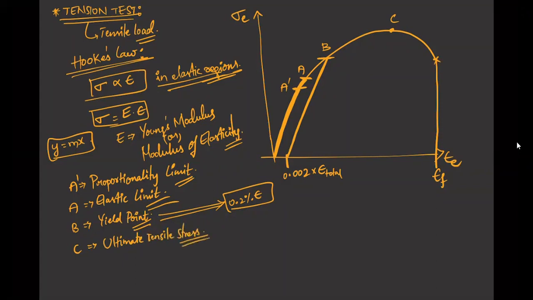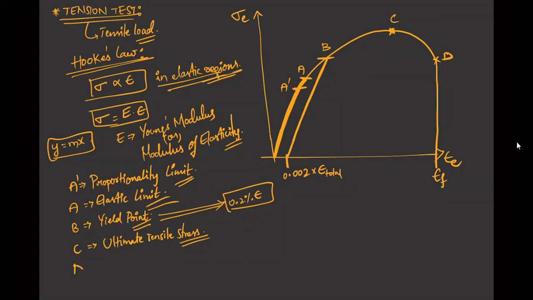It is the maximum point of stress in the curve. Next you can observe the decrease, and D is finally the fracture point.